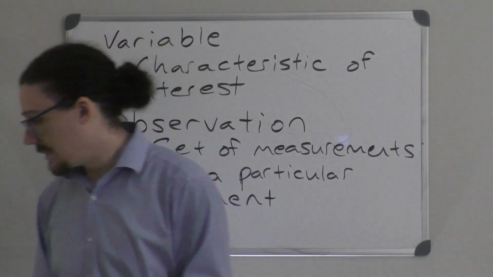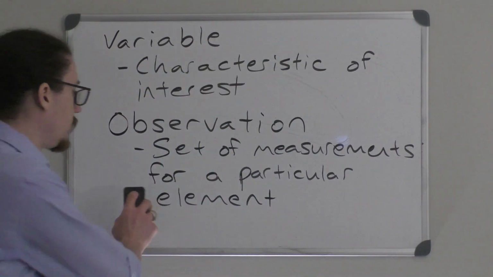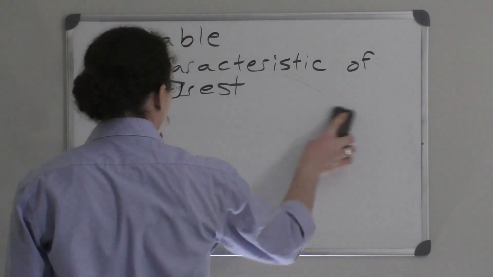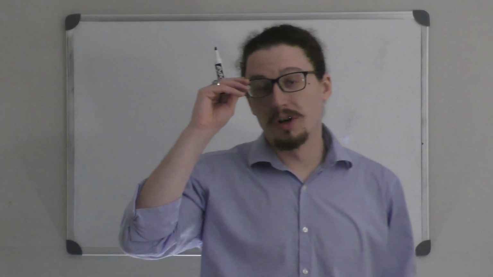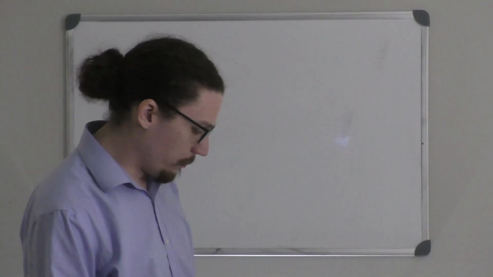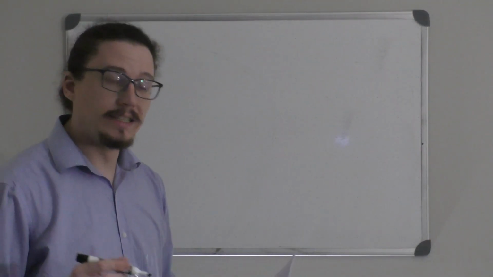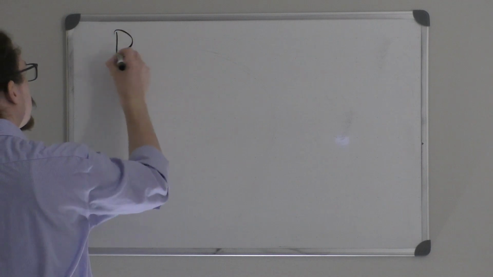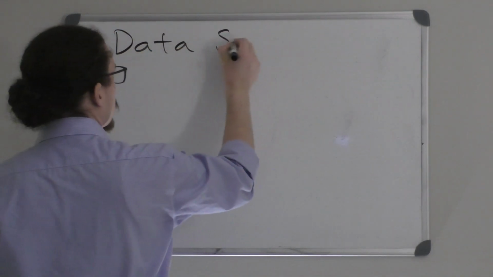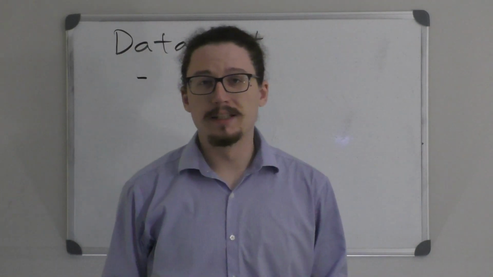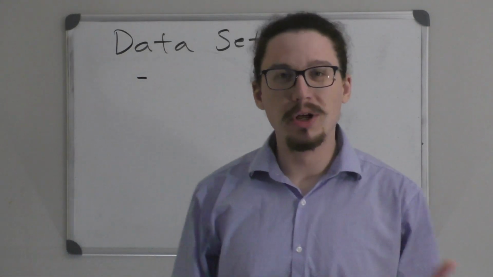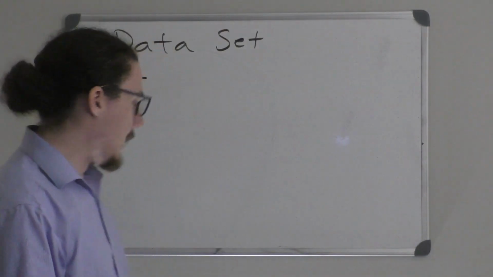All right, we've got one last term, and then we'll try to illustrate some of these concepts a little bit more. The last term is a data set. The long and short of it is that the data set is just all the data put into a table, really.